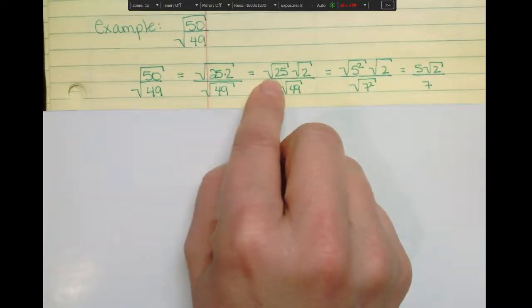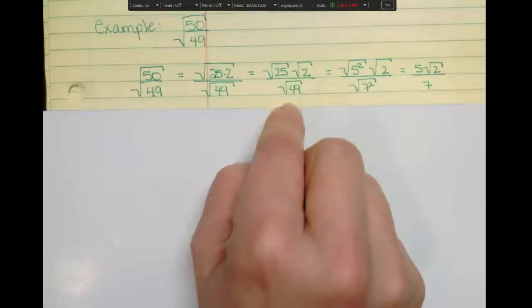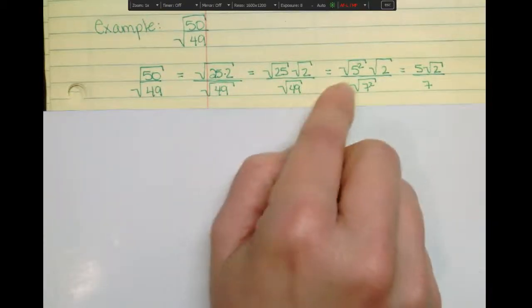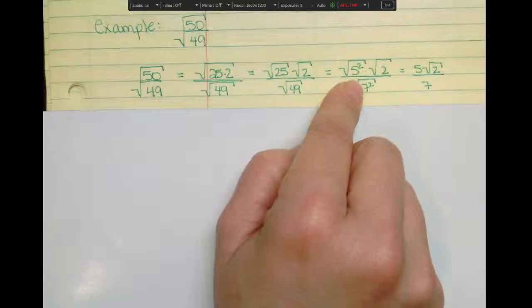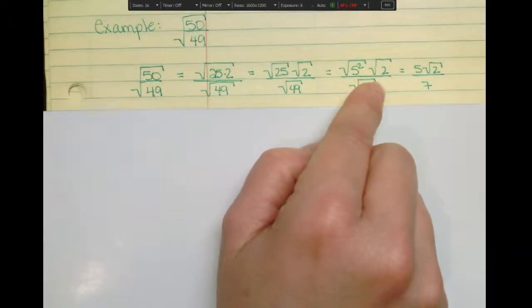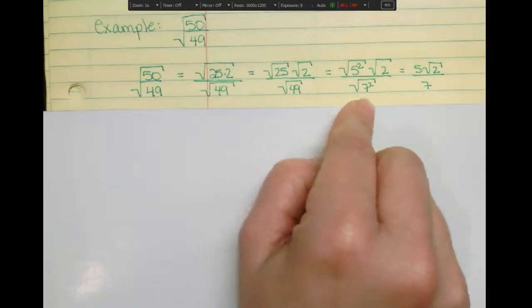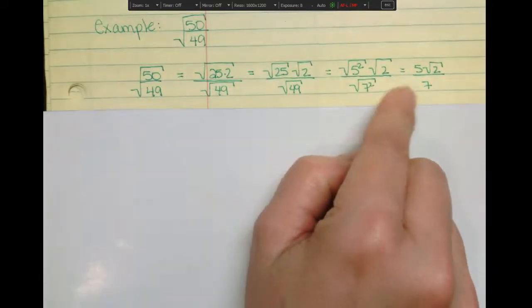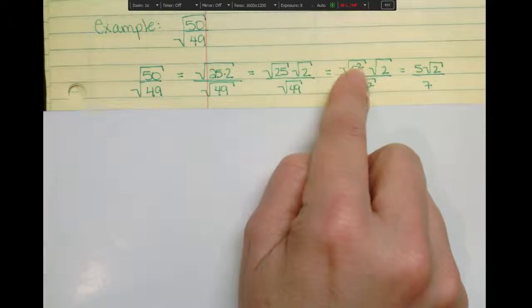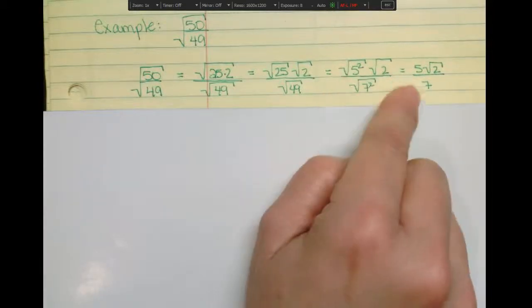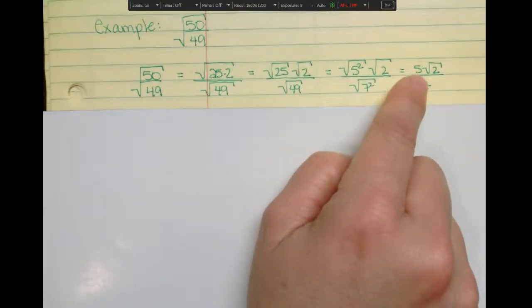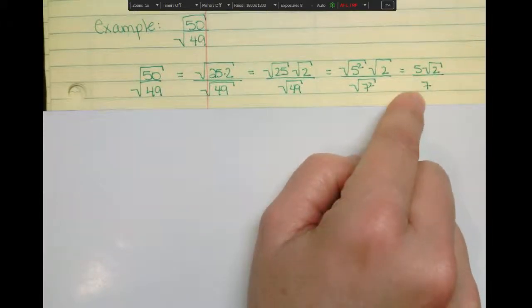So I have the square root of 25 times the square root of 2 all over the square root of 49. The square root of 25 is really the square root of 5 squared, times the square root of 2, all over the square root of 7 squared. And again, this square root cancels out the power of 2. So 5 comes out of the radicand, leaving 5 square roots of 2 all over 7.